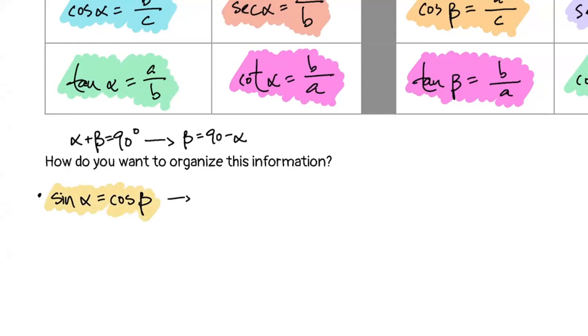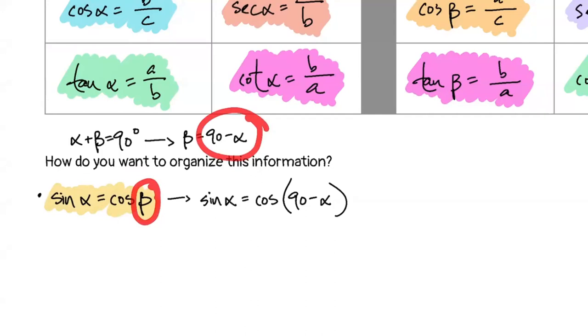I'm going to change that to say sine alpha equals cosine, but instead of beta, I'm going to put 90 minus alpha. Does everybody see that substitution I just made? Everywhere I see beta, I'm just going to put 90 minus alpha. Okay. This, my friends, you have found a co-function identity.